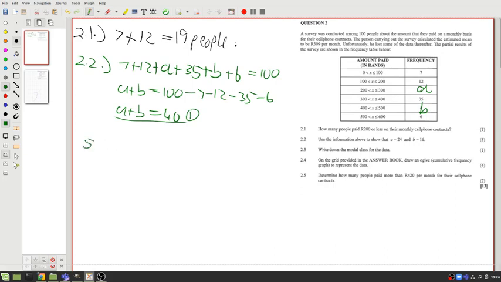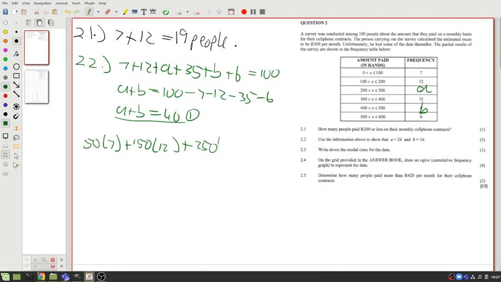So we go 50, the midpoint between 0 and 100, times the frequency, which is 7, plus the midpoint between 100 and 200, which is 150, times the frequency of 12, plus the midpoint between 200 and 300, which is 250.